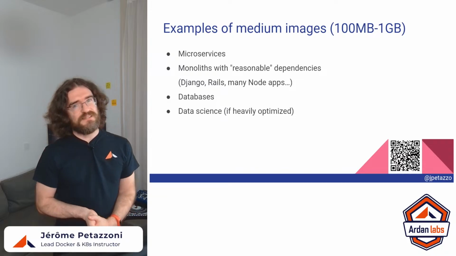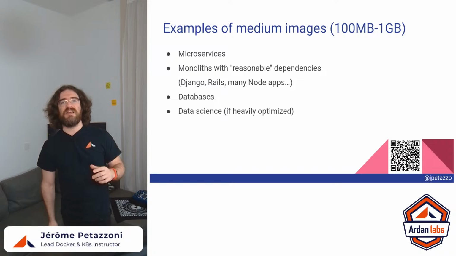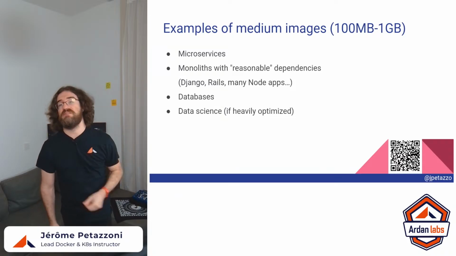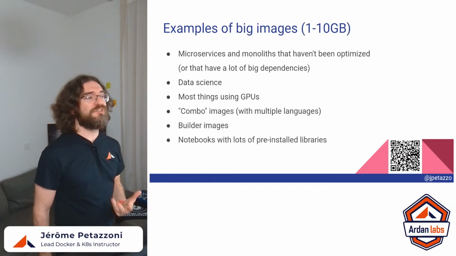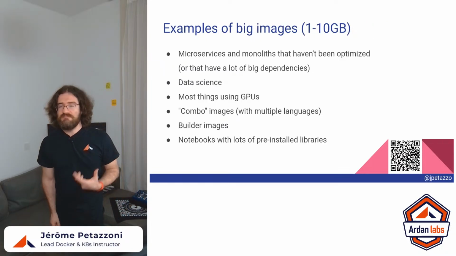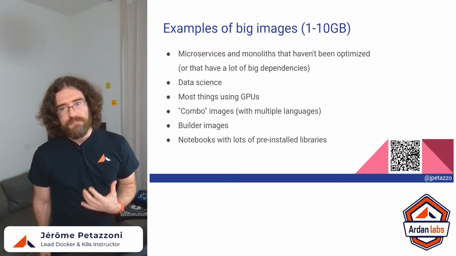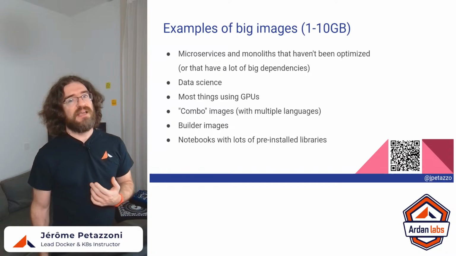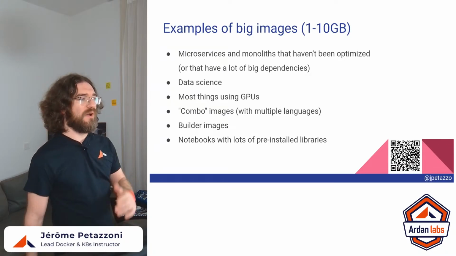And data science, well, honestly, it's pretty rare to have data science images in that range, because data science images will typically be in the next range just because of their dependencies. We're going to see very soon, in a few minutes, that a lot of data science packages are actually really big, and so it's going to be really hard to go below the 1 gig size.